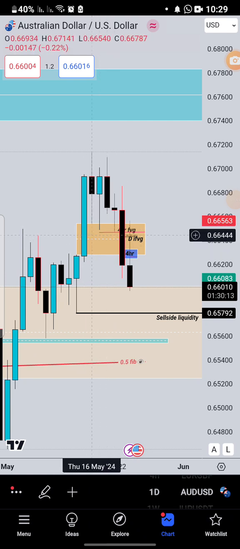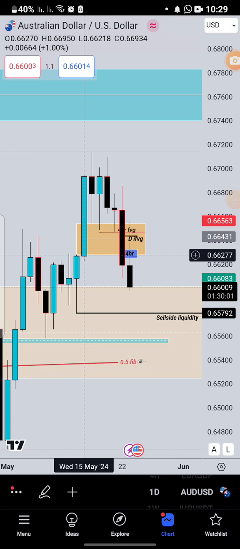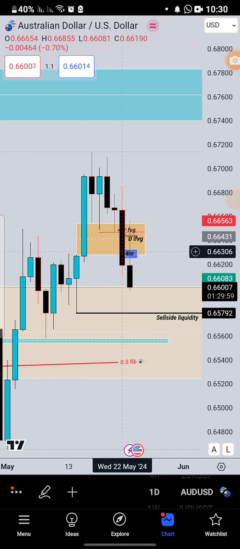So what happened yesterday is we had this fair value gap being violated. And what do I mean by being violated? We had this Wednesday candle close below this fair value gap. So the closure below the midpoint of this daily fair value gap made it no longer a fair value gap, but turn into an inversion fair value gap.